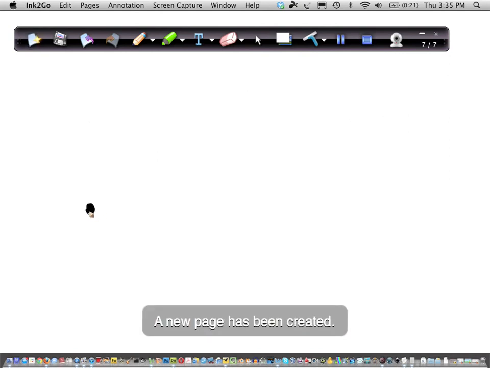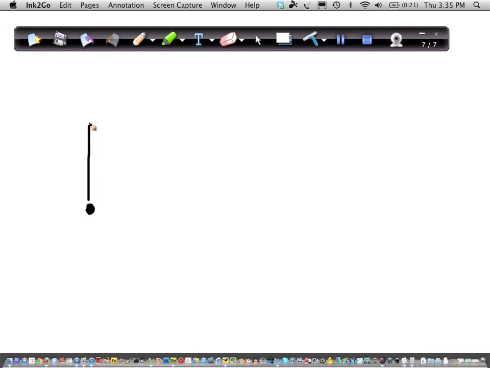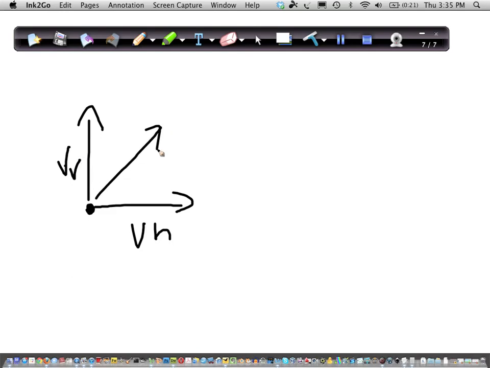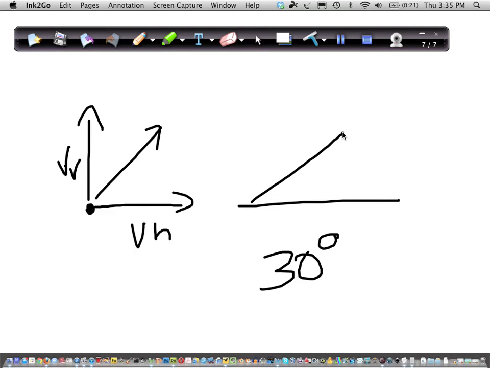When an object leaves the ground, it has a vertical velocity and a horizontal velocity. Its actual velocity is somewhere in there. So let's say that I launch something with a 30-degree angle and a speed of 10.